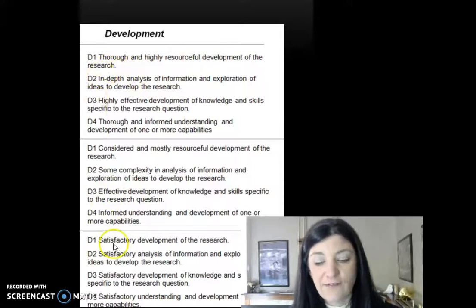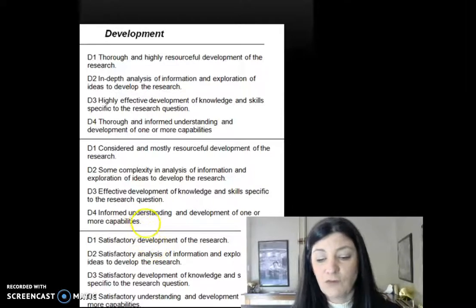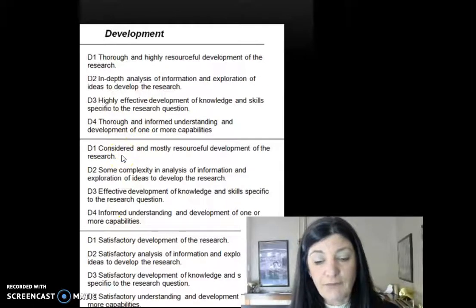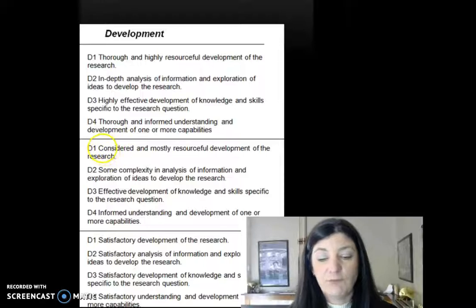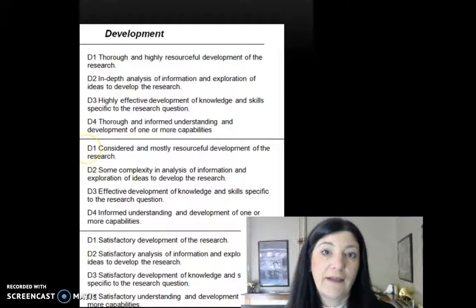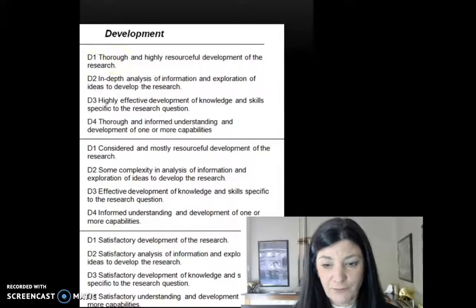To be hitting it at a C, we're only looking at satisfactory development, so you can talk about maybe 12 to 15 sources. Up here, don't forget, you have to show evidence of a wider range of sources, a bigger range of sources, to hit it at a B, but to be getting it at an A, we need the thorough and highly resourceful development of the research.